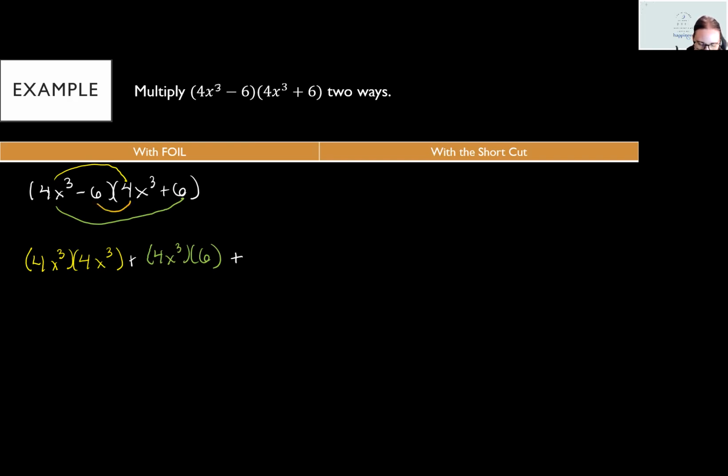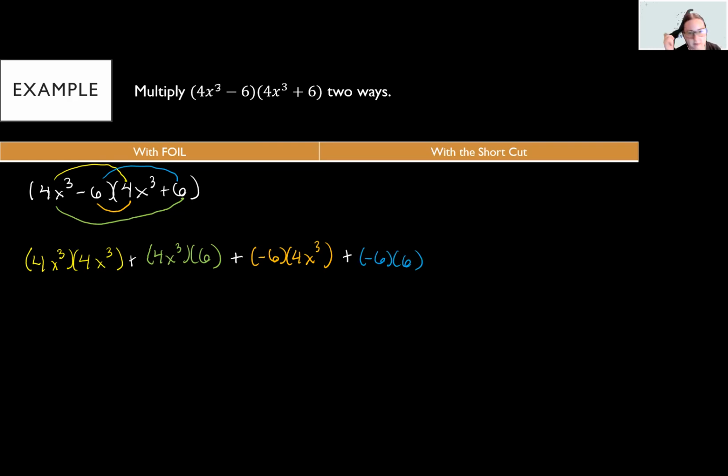Then we've got the inside. So I've got a negative 6 times 4x cubed. And then we've got the last terms, which is a negative 6 times 6.